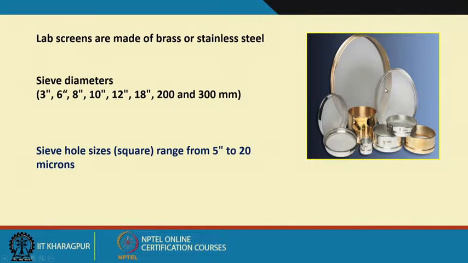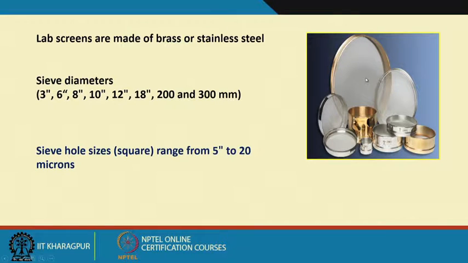There is no harm if you use stainless steel also, but when you are using water, that is the wet processes, we have to use stainless steel, otherwise the corrosion problem will arise. Now, the sieve diameters may range from 3 inch to 300 millimeter.